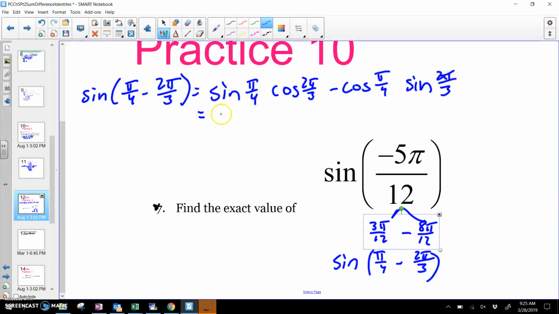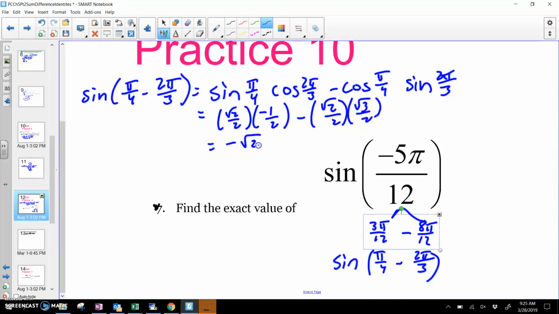Again, I know the values from the unit circle: cosine of 2 pi over 3 is negative 1/2, cosine of pi over 4 is root 2 over 2, and sine of 2 pi over 3 is root 3 over 2. In this example, I get negative root 2 over 4 minus root 6 over 4, which is negative root 2 minus root 6 over 4. And that would be my final answer.